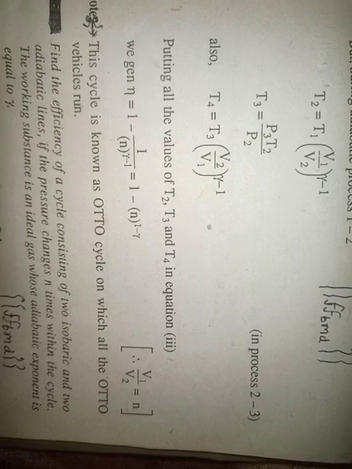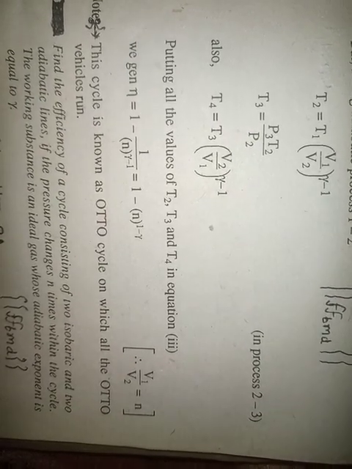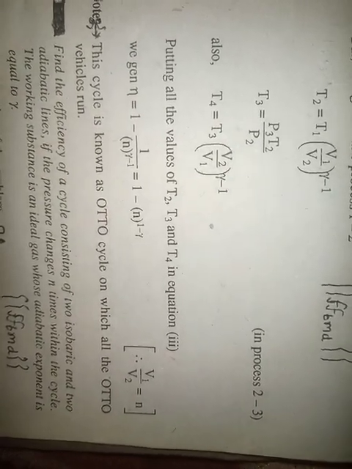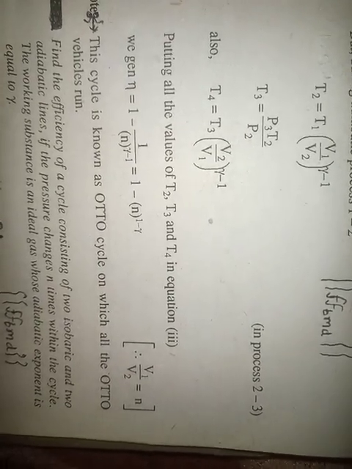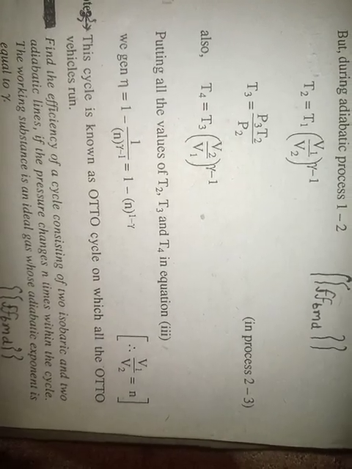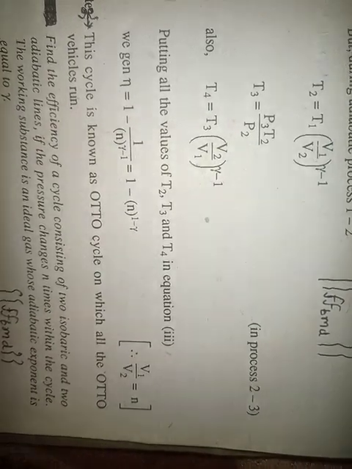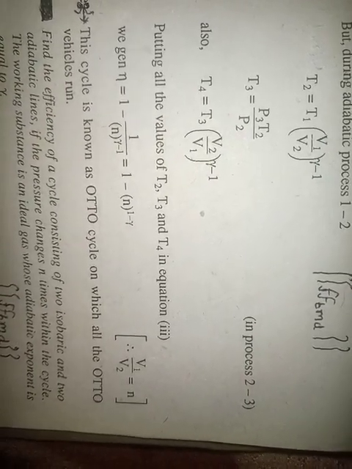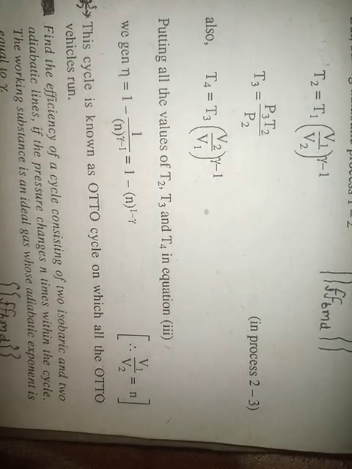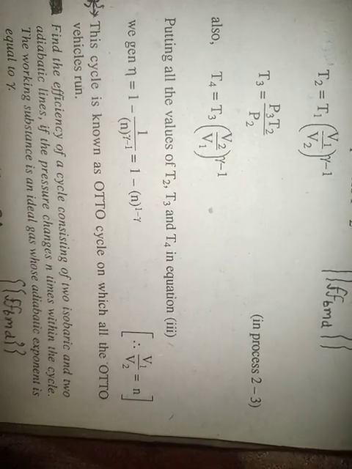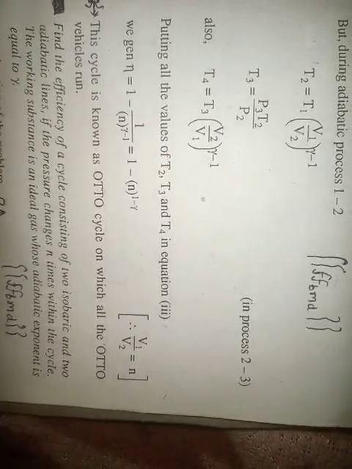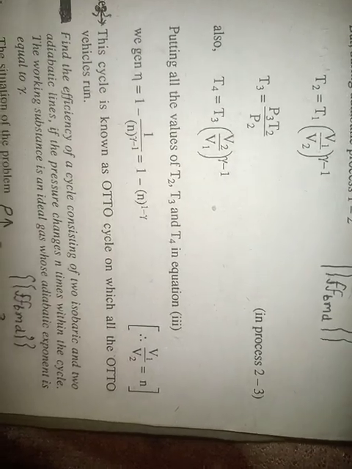Putting all the values of T2, T3 and T4 in equation 3, we get eta equals 1 minus 1 by n to the power gamma minus 1, equals 1 minus n to the power 1 minus gamma. Here V1 by V2 equals n. This cycle is known as the Otto cycle, on which all Otto vehicles run.